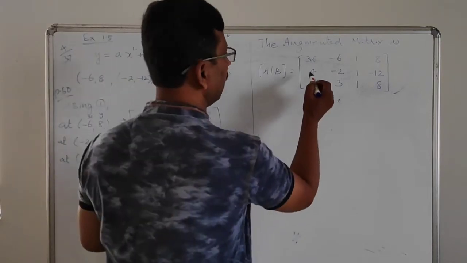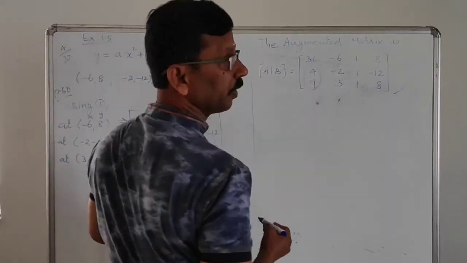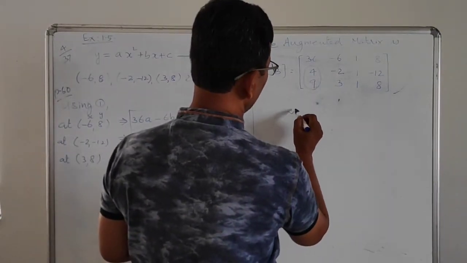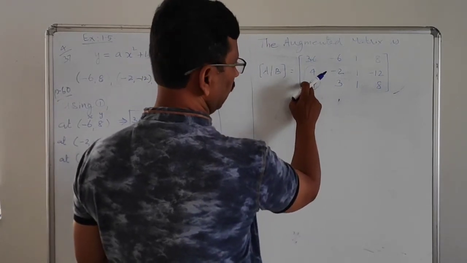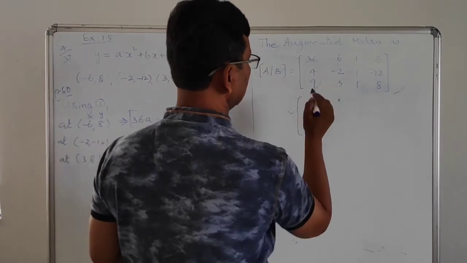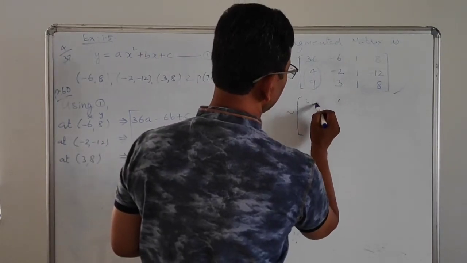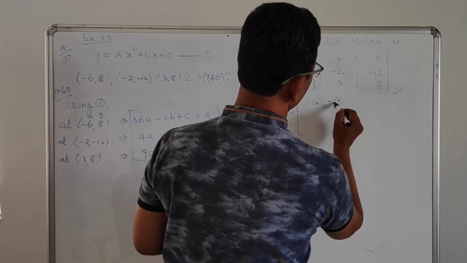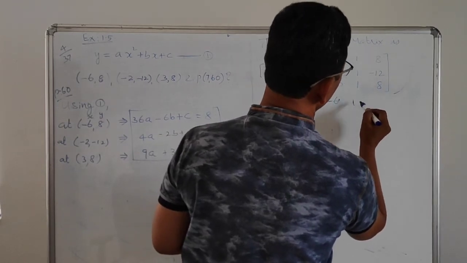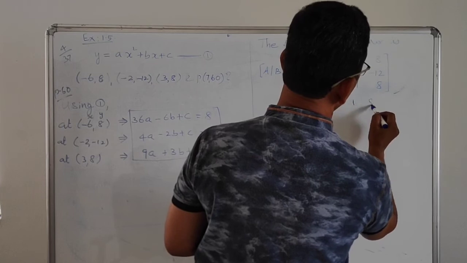We can easily make these two elements 0. Therefore, you can write equivalently. We are going to make these two only 0. Therefore, write the first row as it is. You can write 36, then minus 6, then 1, then 8.